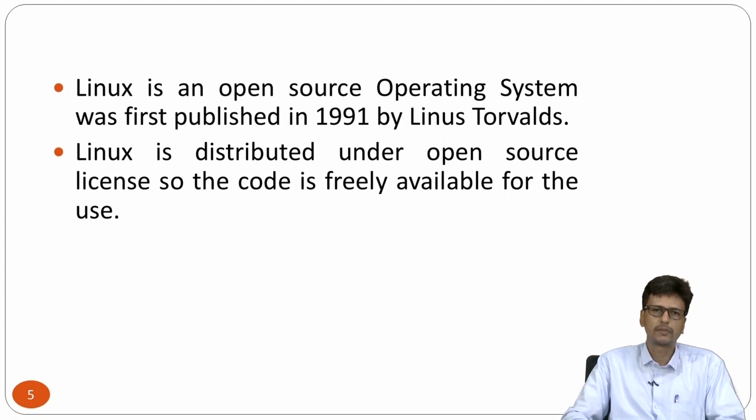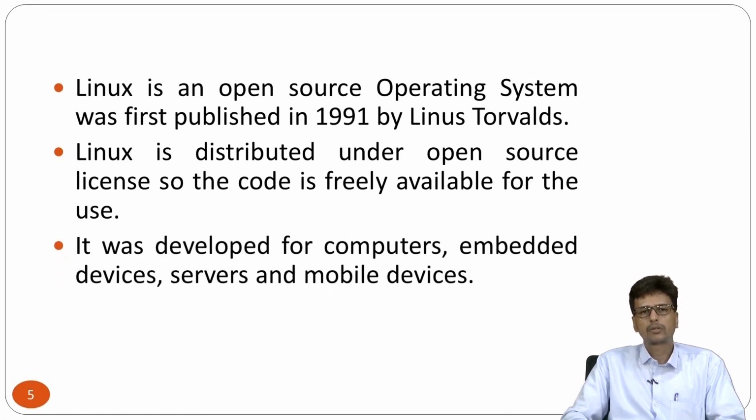Whatever code is available can be used as it is, and some modification can be done in that code, and you can create your own program, your own software based on whatever originality is available. So you can modify the code without any licensing. That's why it is called open source.